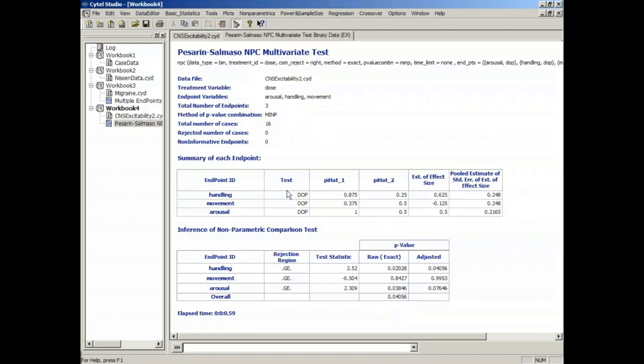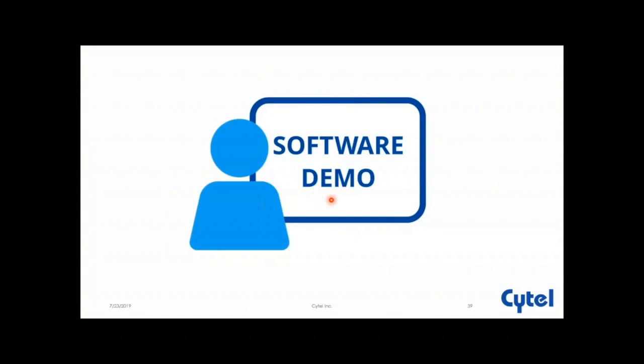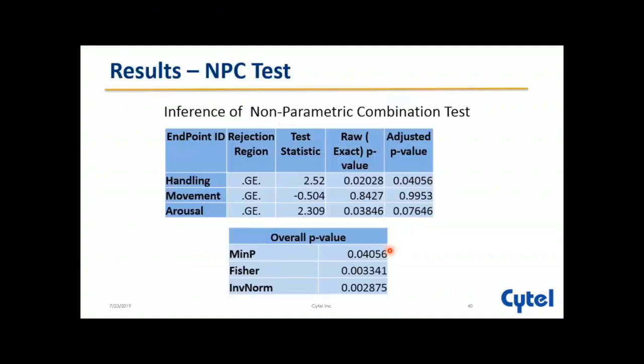I have already executed it with all the 3 methods, so I'll take you to the presentation again. The raw p-value and adjusted p-value will be the same for the 3 endpoints in all 3 p-value combination methods, but the overall p-value will be different.